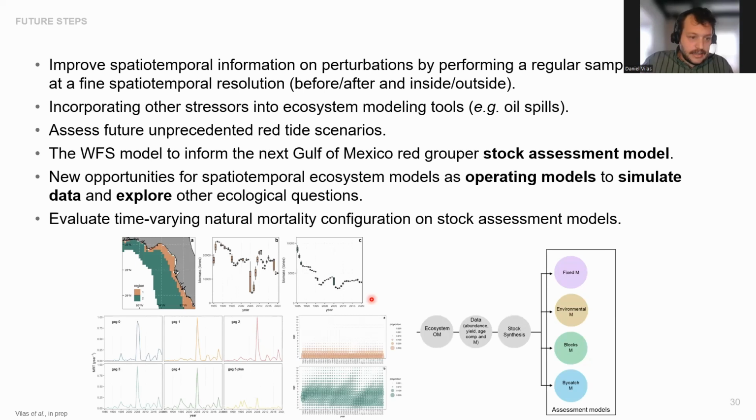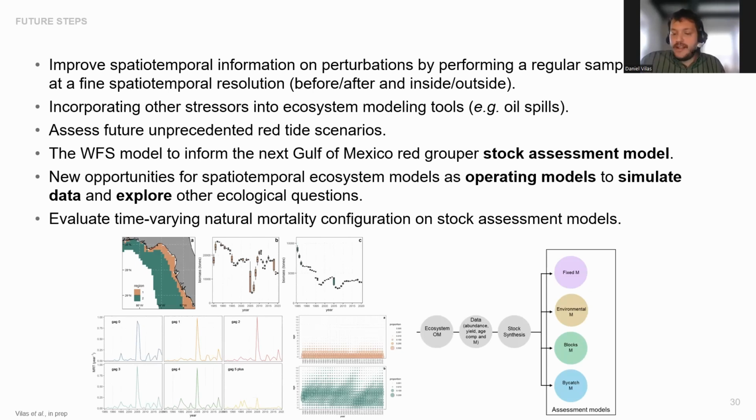And finally, this plot represents the work that I've still been working on, which consists of using that spatial temporal ecosystem model as an operating model to generate that red tide information, and input that information into a stock synthesis model to evaluate the different ways to incorporate that information into the model, and how these affect the outputs of the model.